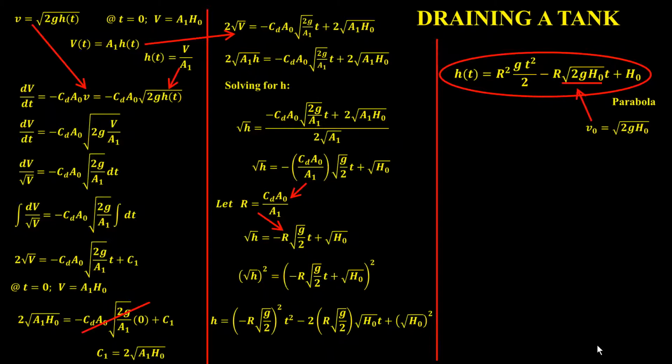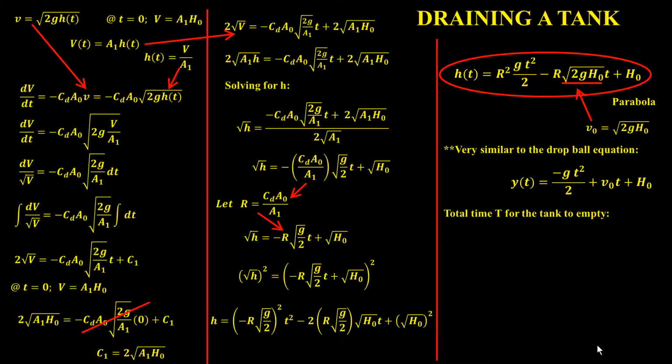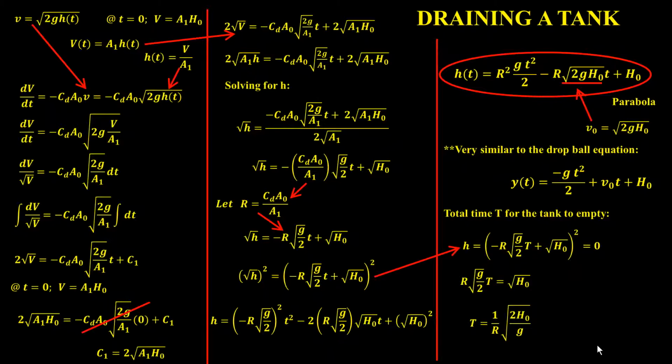Then we recognize that this is equal to the initial velocity, so we substitute that, and then we notice that this is very similar to the drop ball equation, only with different signs, and we have our R. And then for total time T for the tank to empty, we take H and we plug in big T, and then we solve for that T, and then we get this, which is very similar to the drop ball time, except for the R ratio.